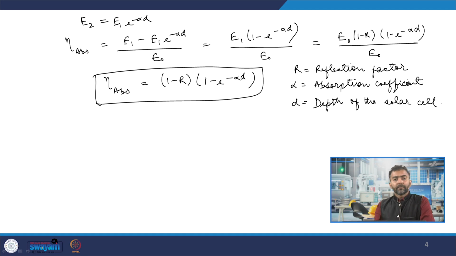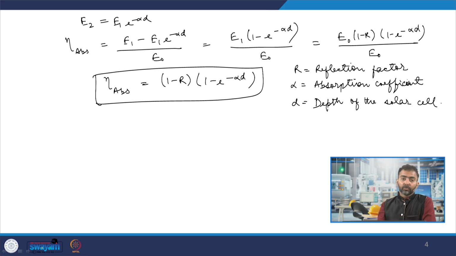Now, this absorption efficiency simply indicates that out of the total incident photons, how many photons have been absorbed. And if I want to increase this factor, it is quite possible to make the absorption efficiency as close to 100 as possible. So, we can have eta abs, or the absorption efficiency in percentage terms, pretty close to 100%.